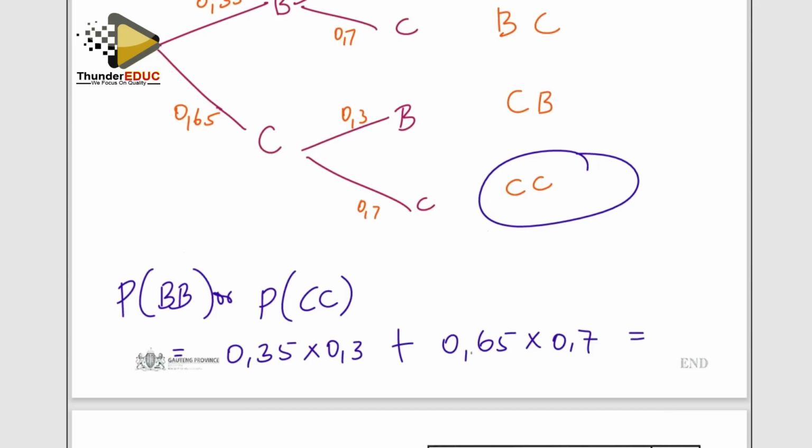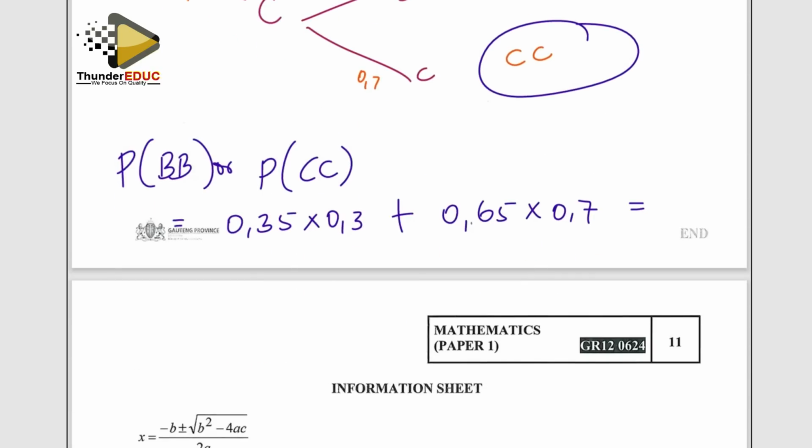So let's start by getting the probabilities. 0.35 times 0.3, plus 0.65 times 0.7. That gives me 0.56. Okay, as the probability.